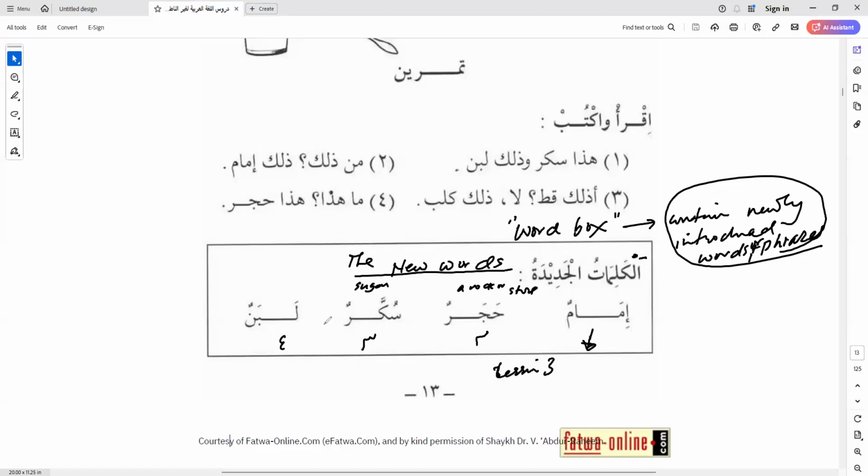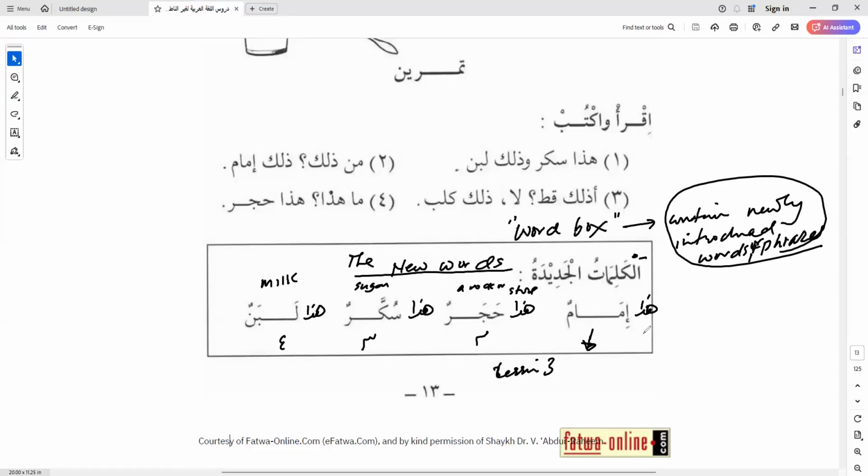Lebanon. Milk. So these are everyday words, right? Imamun, Hajarun, Sukkerun, Lebanon. And remember, all these words are masculine nouns. Because we have to say, هذا إمام, هذا حجر, هذا سكر, هذا لبن.